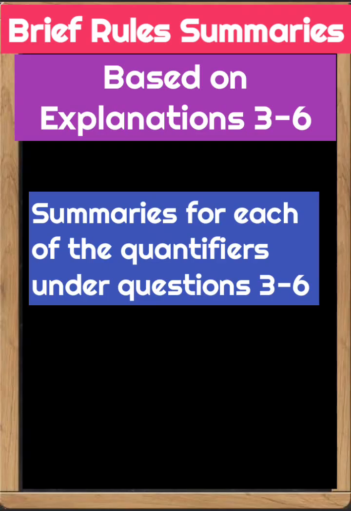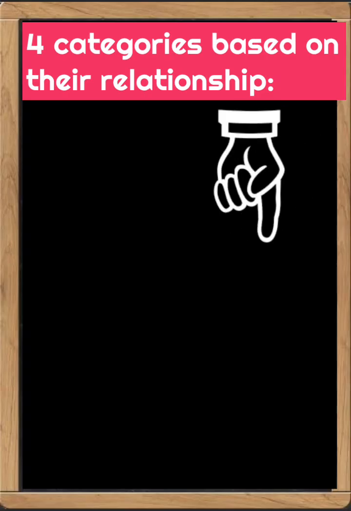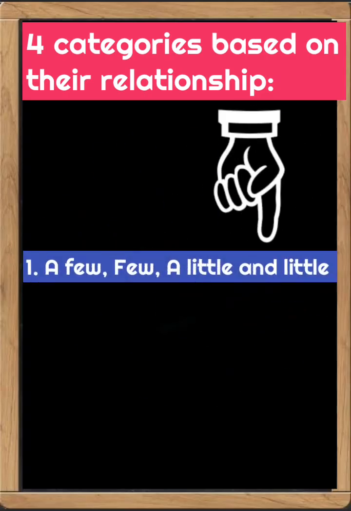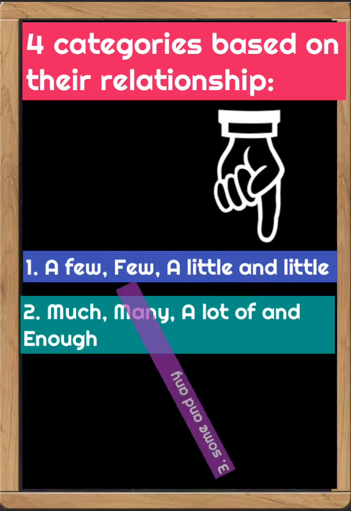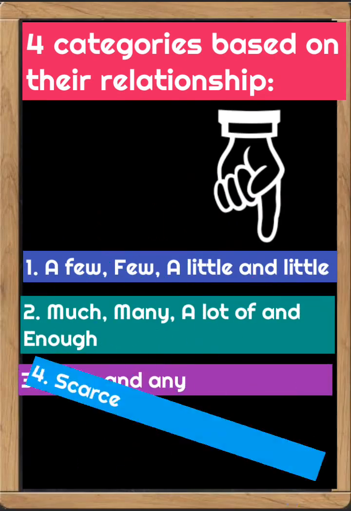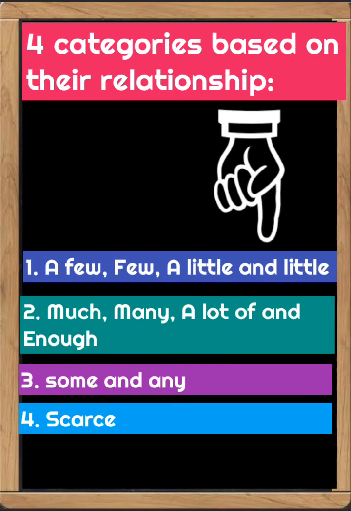Generally, 12 quantifiers, some of them repeated, and one adjective are given under these four questions. I've grouped these quantifiers under four categories based on their relation, and let me briefly summarize them, starting from the first one, as you can see on the screen.